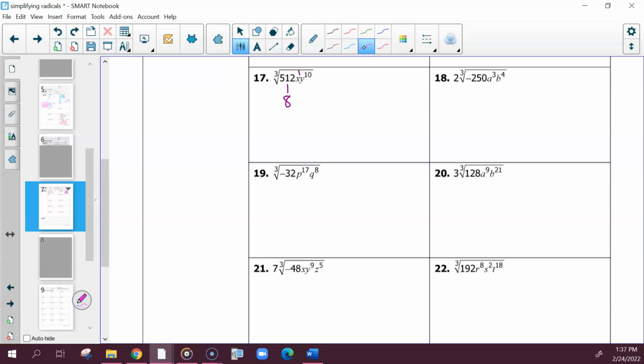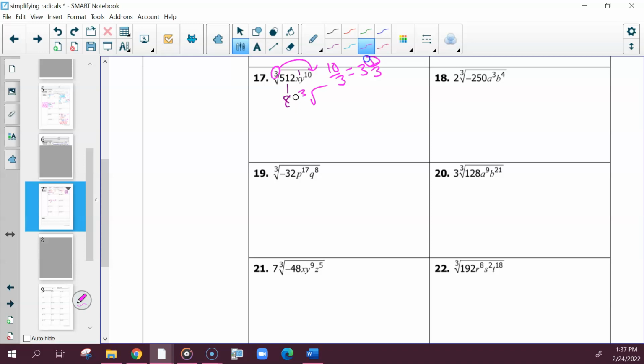And I'm going to just skip to the last one, the last method. 3 goes into 10 3 times with 1 left over. So we have an exponent of 3 that comes out with 1 left inside.